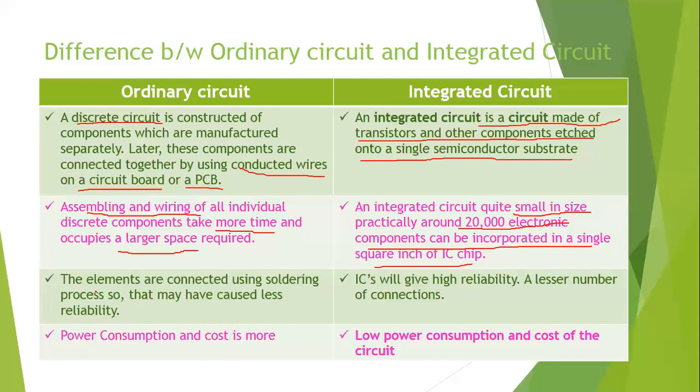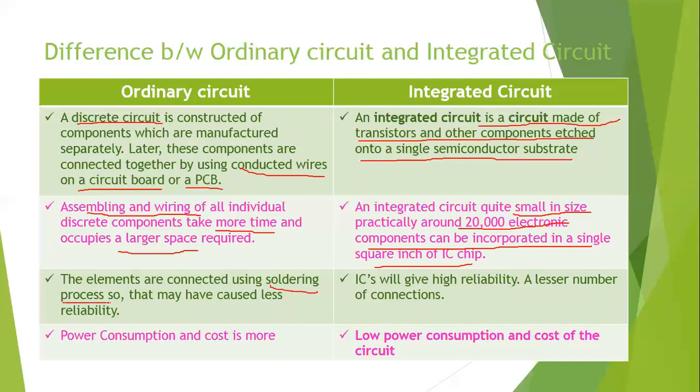Next, the third point is that the elements are connected using a soldering process, so they may have less reliability. In order to join these components permanently, we use the soldering process.